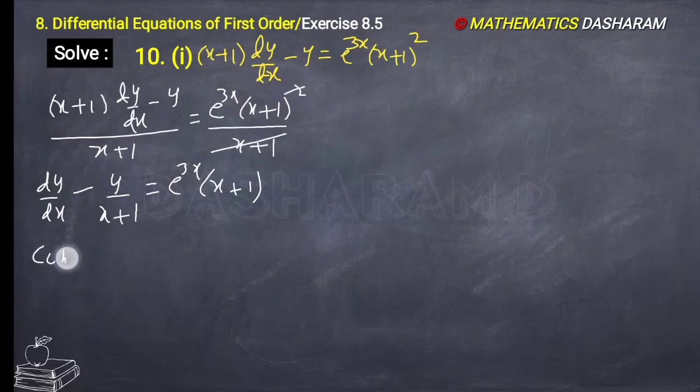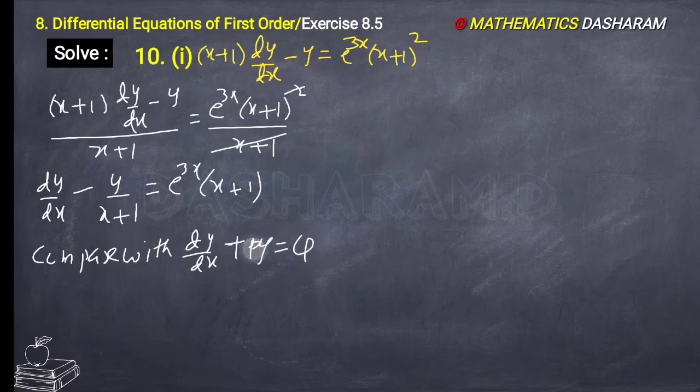So now compare with the standard form, dy by dx plus p into y equals q. Here p value is minus 1 by x plus 1 and q value is e power 3x into x plus 1. Now find out the integrating factor e to the power of integration p dx.